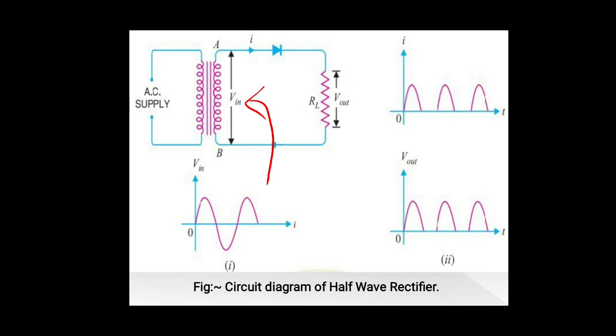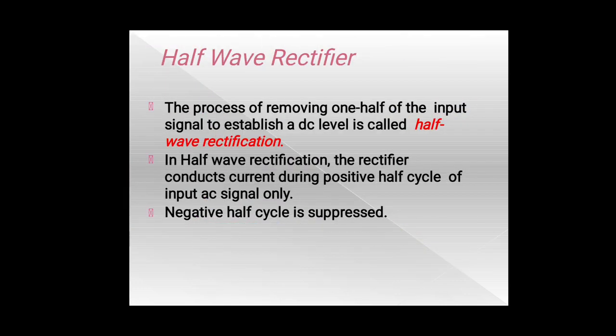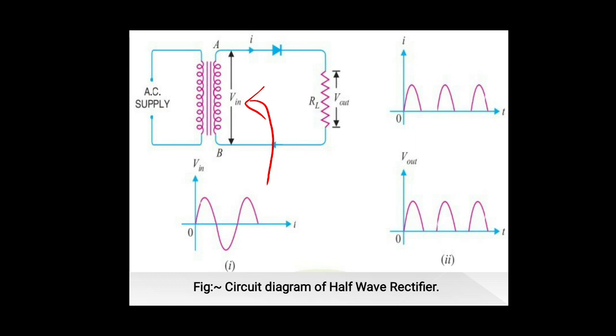During the negative half cycle, terminal A is negative with respect to terminal B, and hence the diode is reverse biased, and there is no current flowing through the load resistance, and hence there is no output current. This diagram indicates that the output appears only during the positive half cycle.